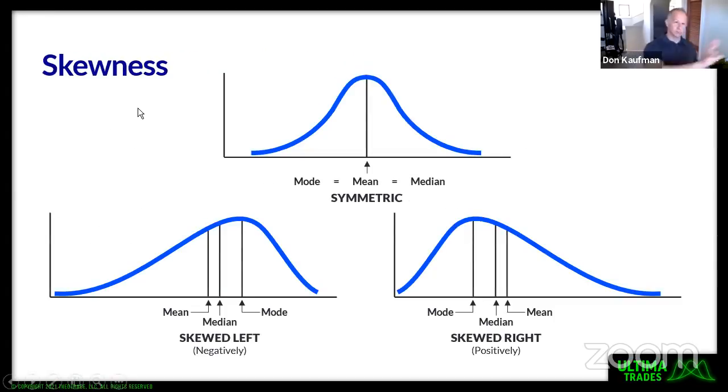So we're going to talk just briefly about skew, because this is what Ultima kind of breaks down to. I use these distribution curves all the time to describe markets, literally all the time. And again, I'm going to draw on the screen over here. Forgive me, I'm nice and close to the camera. If you take a look right here, this is a very normal distribution curve. Nothing in your life feels normal, especially right now.